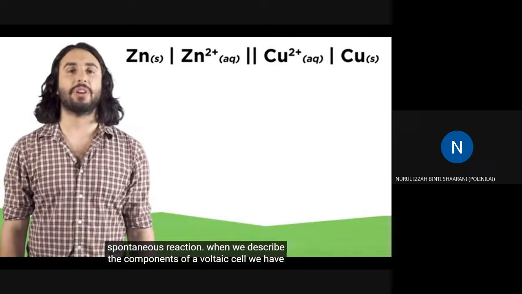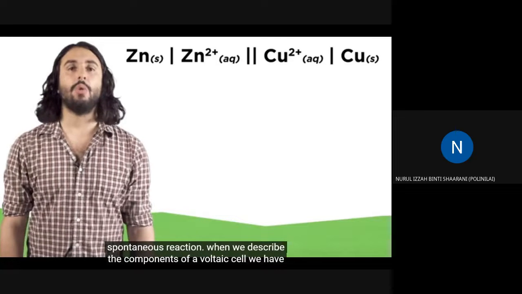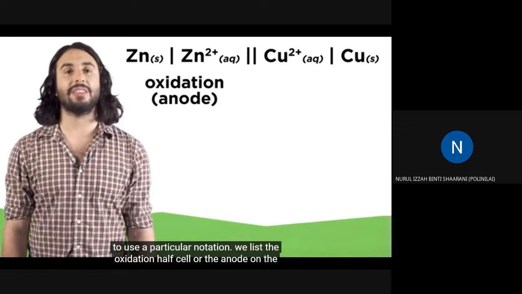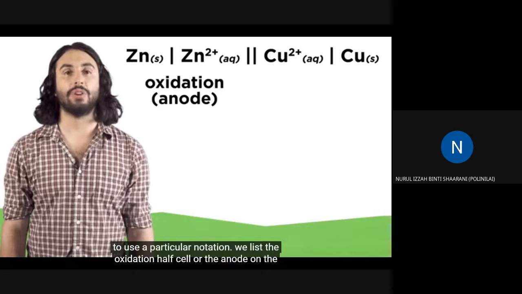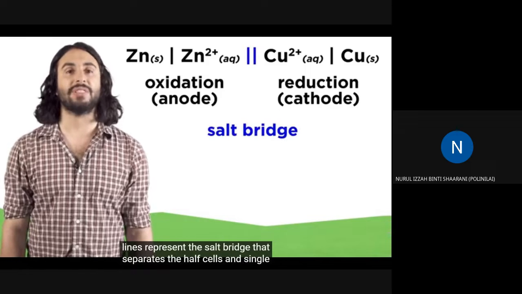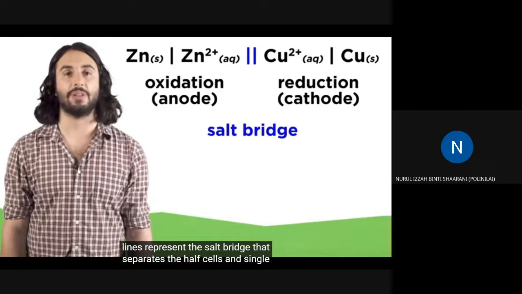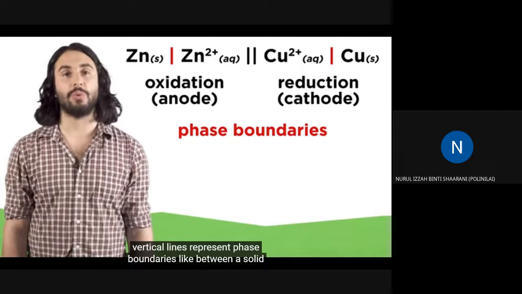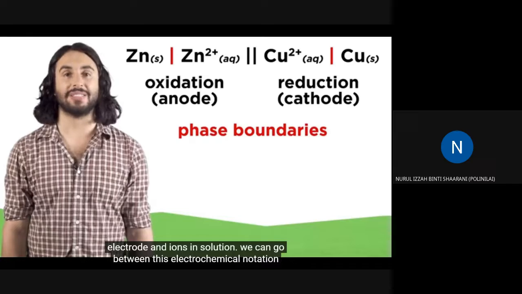When we describe the components of a voltaic cell, we have to use a particular notation. We list the oxidation half cell, or the anode, on the left, and the reduction half cell, or the cathode, on the right. The double vertical lines represent the salt bridge that separates the half cells, and single vertical lines represent phase boundaries, like between a solid electrode and the ions in solution.